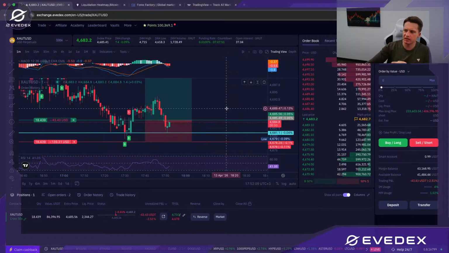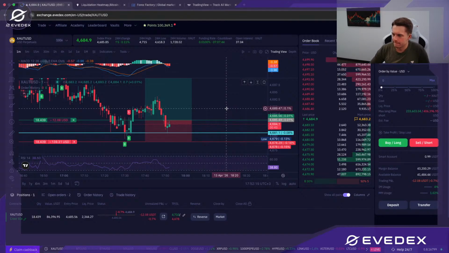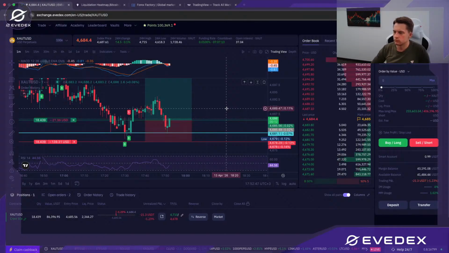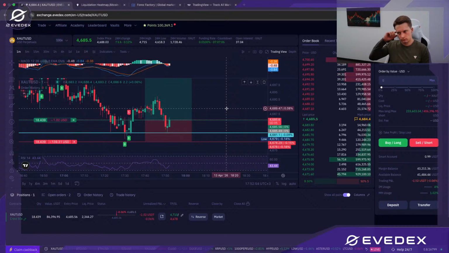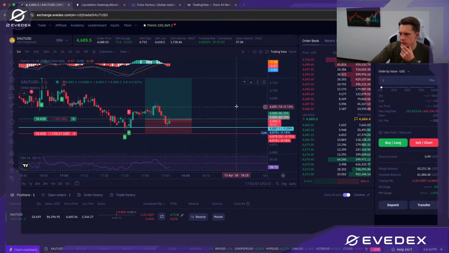So I think we've got about 10 candles that touch and confirm this level. So yeah, what I'd expect now is a much stronger move to the upside.